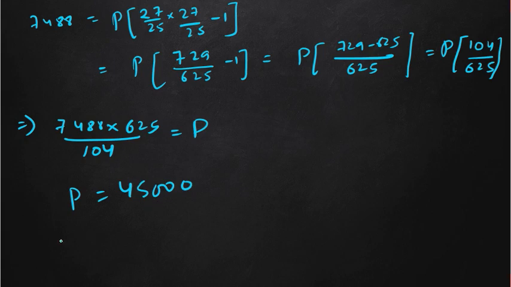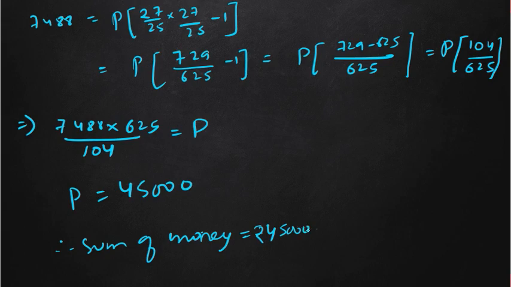After solving this, our principal will be 45,000. So this is the sum. Therefore the sum of money is rupees 45,000. Clear?